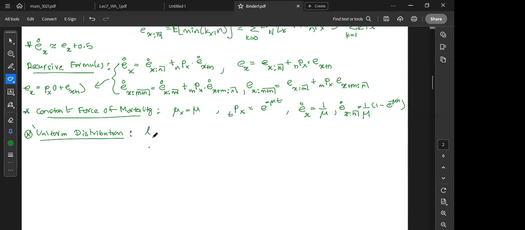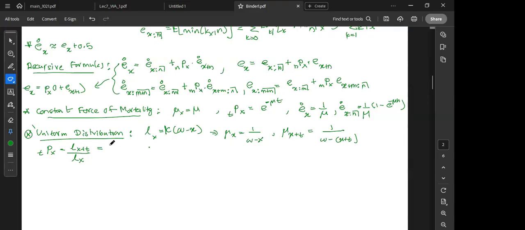That says the number of survivors can be written as a constant times the remaining lifetime. It will give us the force of mortality as 1 over omega minus x, and for x plus t, it is 1 over omega minus x minus t, so we can easily modify it. Depending on that, I can define the survival probability using the ratio of the number of survivors at 2 different time points.